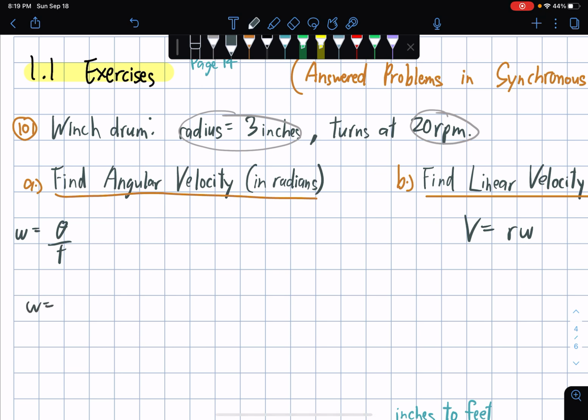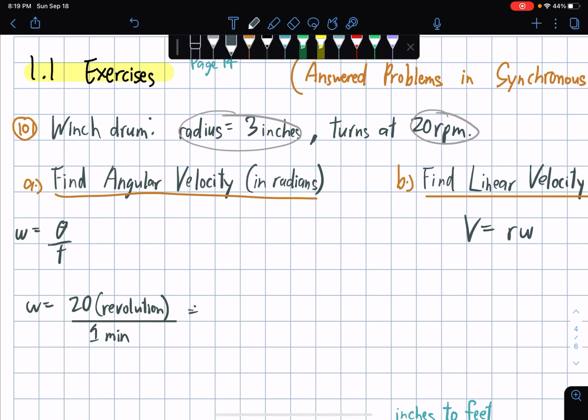So W, or angular velocity, is equivalent to 20 times revolution, then our time is minute, so 1 minute. I think that's standard. Every time the given is always RPM, or revolutions per minute.